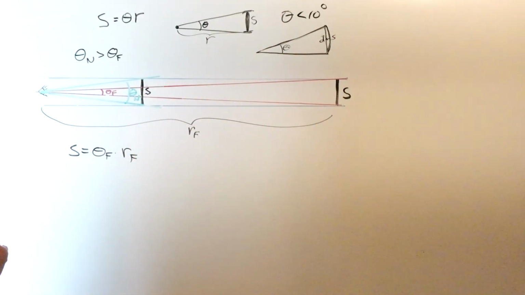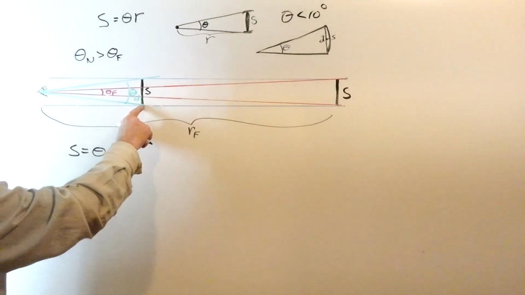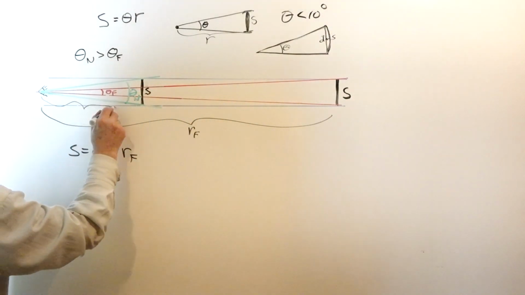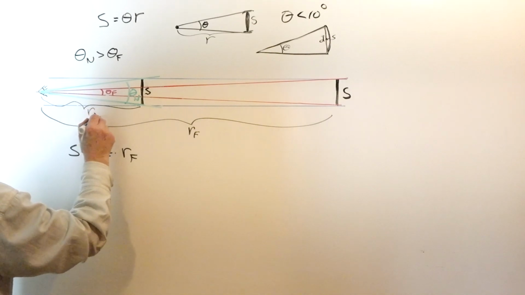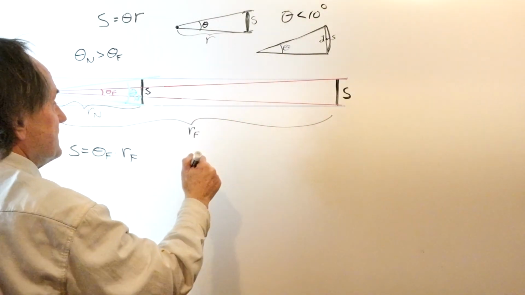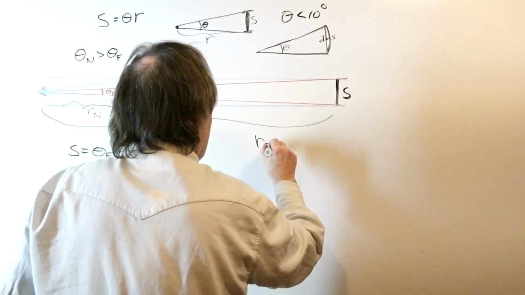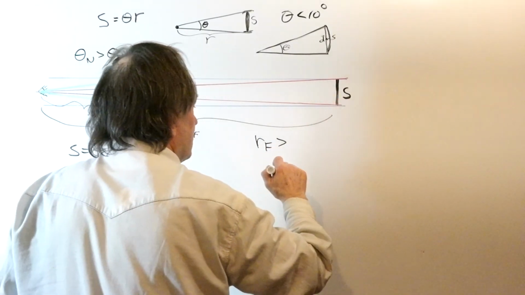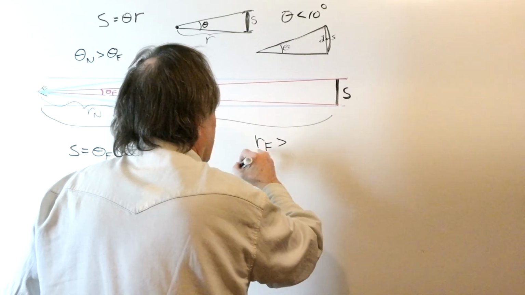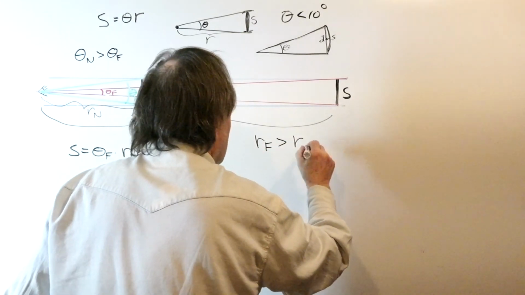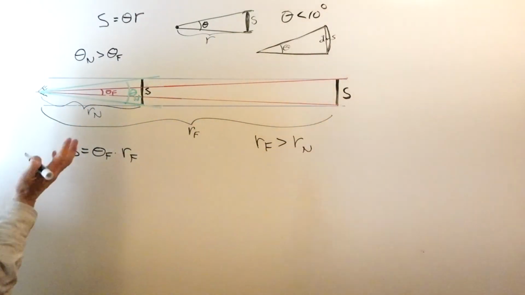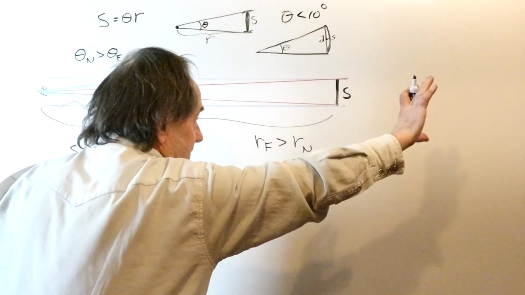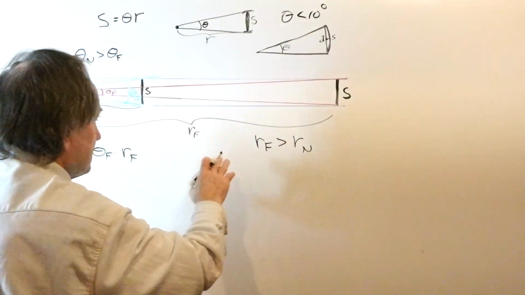Well, we can show that mathematically. When the object is near us, we'll call the distance R near. Viewing the object in the distance, that distance is greater than the near distance: RF is greater than RN. That's common sense here. RF means the object is way out in the distance.